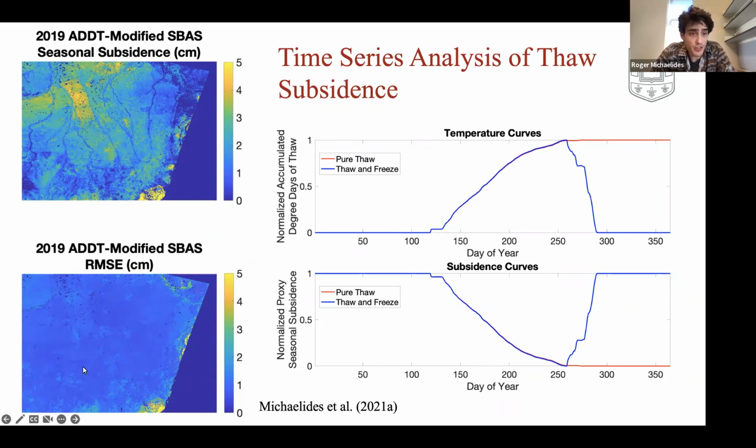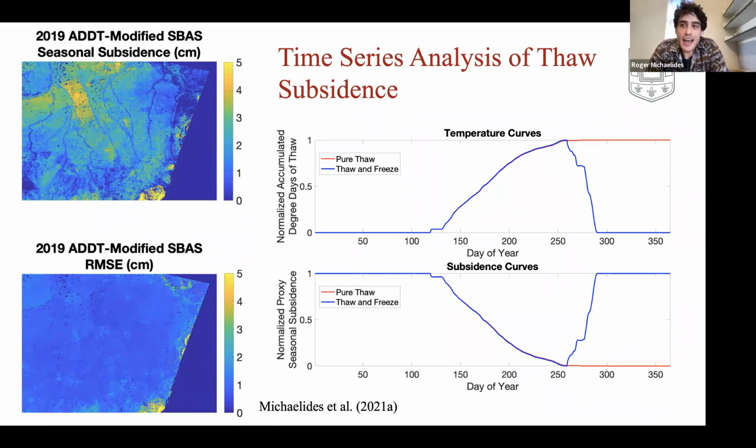And at the bottom here is just the root mean square error, where we subtract our modeled observables from our time series. What you notice is that we have this system of rivers which experience, as you would expect, no thaw, and then you have a fair amount of heterogeneity across the tundra surface. In particular, you'll notice this large yellow patch here, which actually corresponds to the 2007 Anaktuvik River fire.